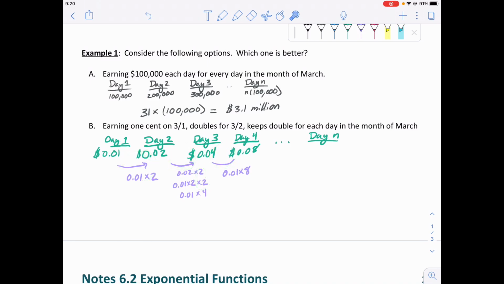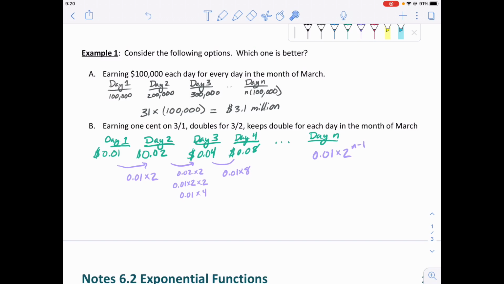So we multiplied by 2 3 times. So on day n, we're going to multiply by 2 n minus 1 times. So this is 0.01 times 2 to the n minus 1. Why is it n minus 1? Because we don't multiply by 2 on the first day. So we only have 1, 2, 3 for day 4. It's always one less.